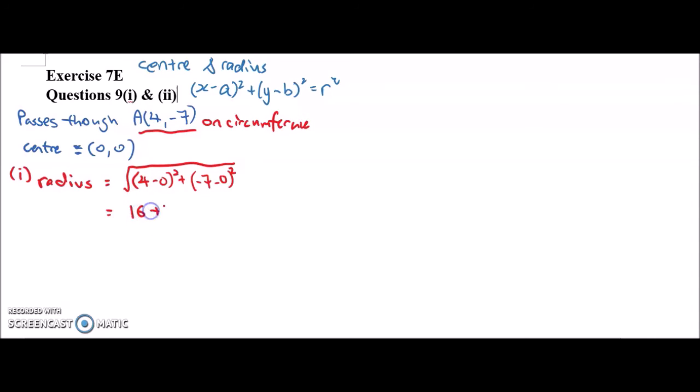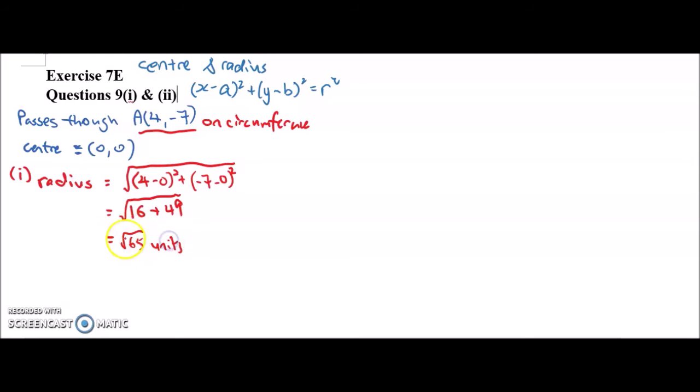So we get the square root of 16 plus 49, which is 65. So the square root of 65 units is our radius.